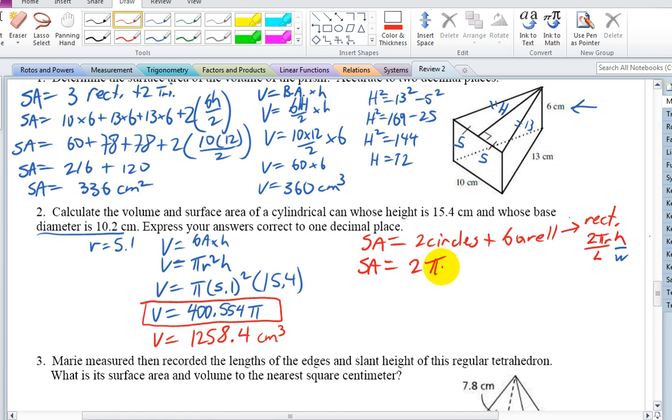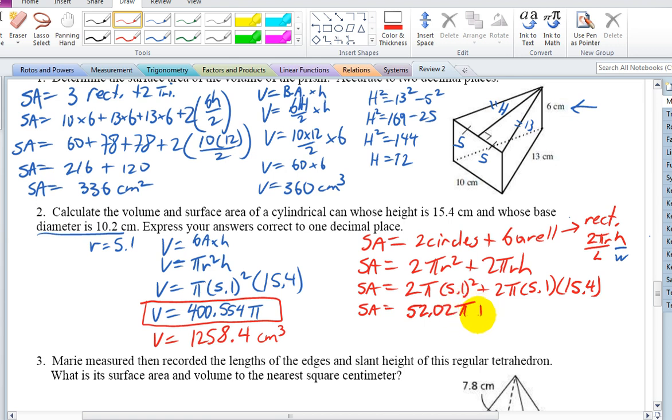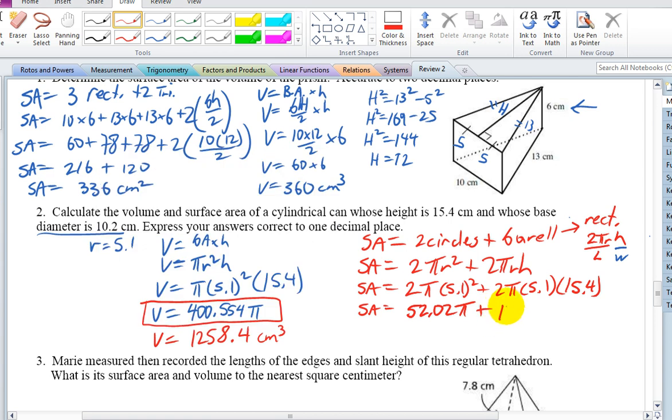So two circles is 2 pi r squared plus 2 pi r h. 2 pi times 5.1 squared plus 2 pi times 5.1 times 15.4. So now all I do is I add my numbers up.